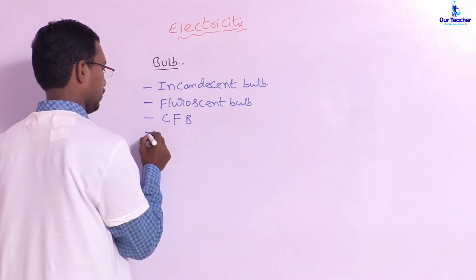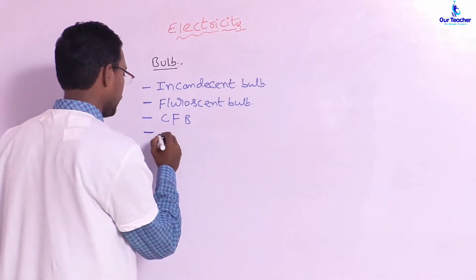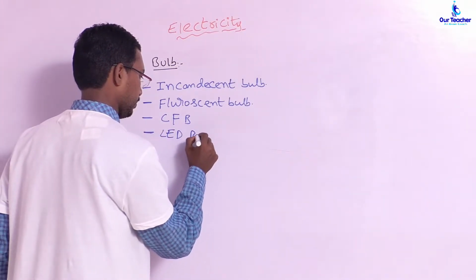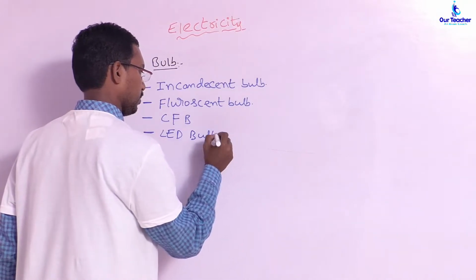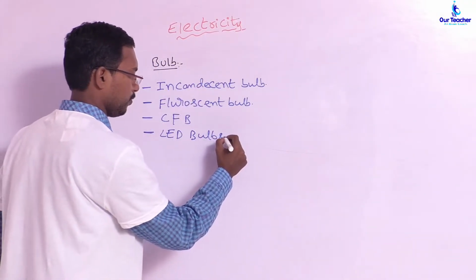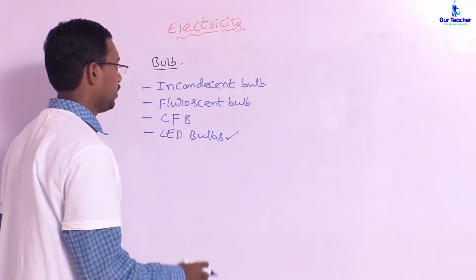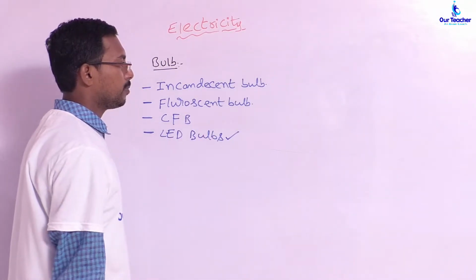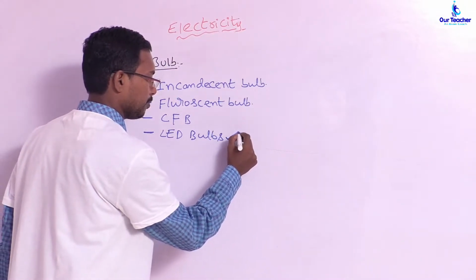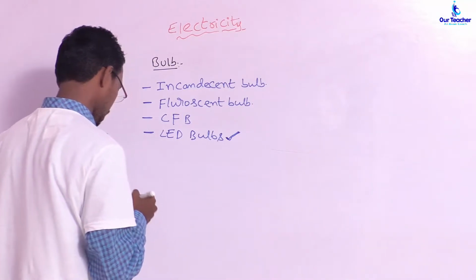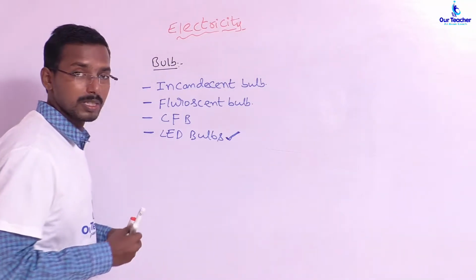And fourth one, last one, is LED bulbs. Among all these four, LED bulbs will consume the least amount of power, and a rating will be given by electrical companies, and we have to choose a better bulb which has 5 stars. And later we will discuss the concept of the fuse.